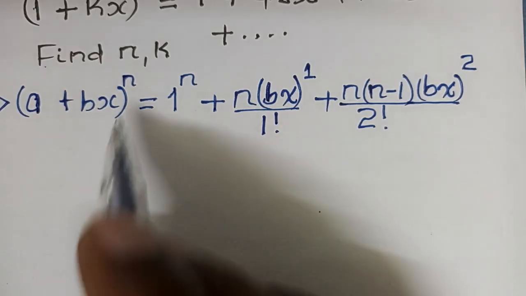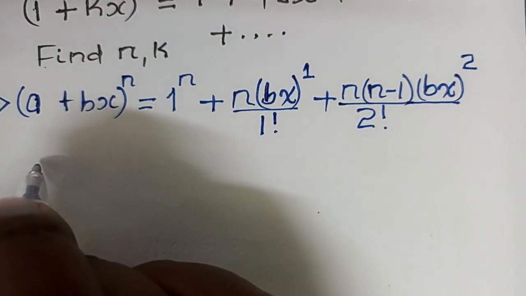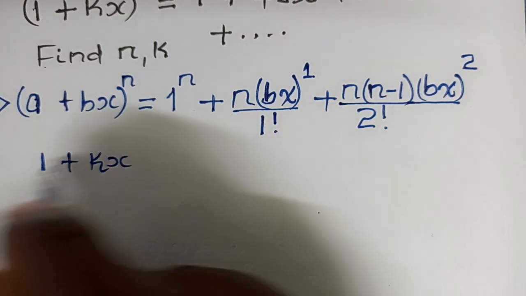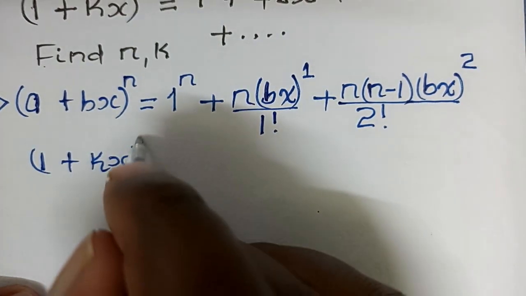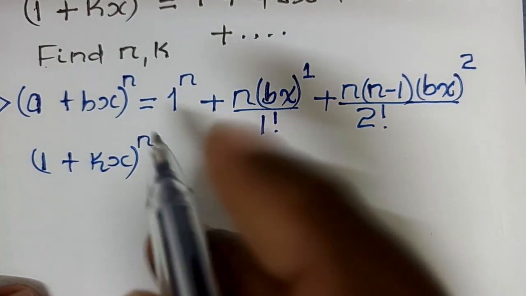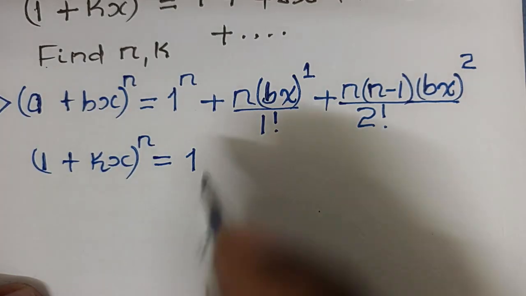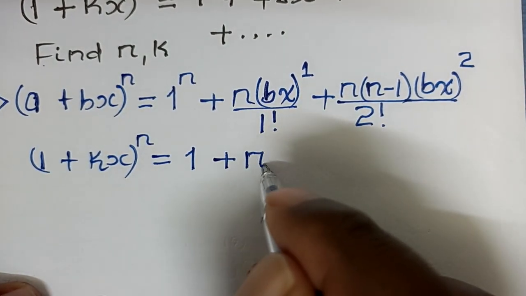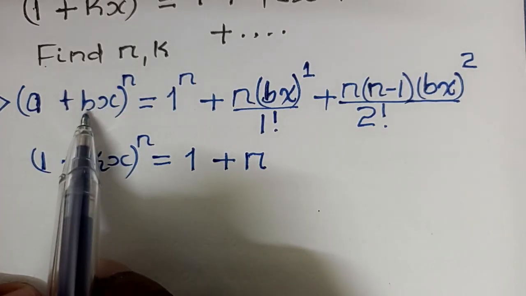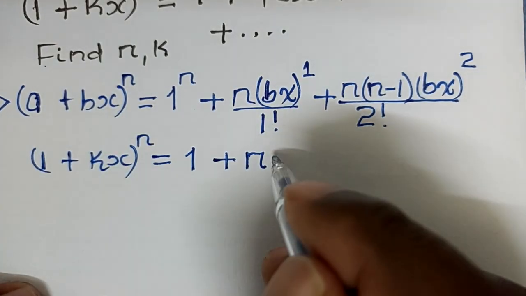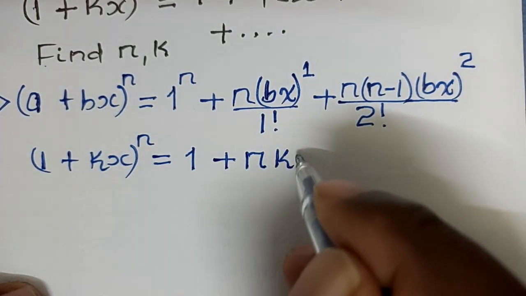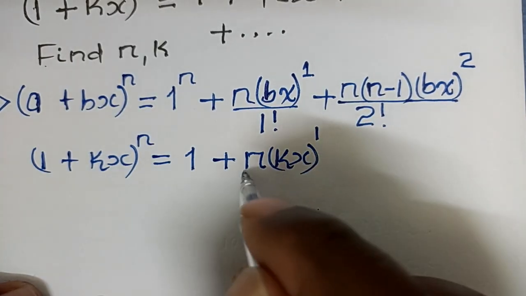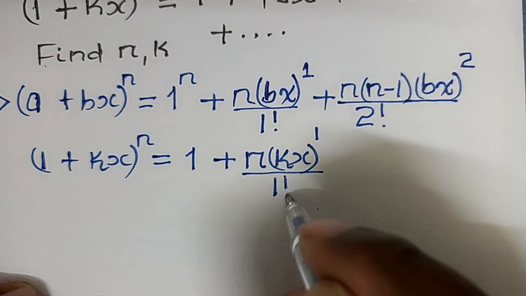So now we come to our equation, whereby we have 1 plus kx raised to n. And so this one will now come to 1 plus n, and then instead of b, we are going to have k. So this is now going to be kx raised to 1 all over 1 factorial.